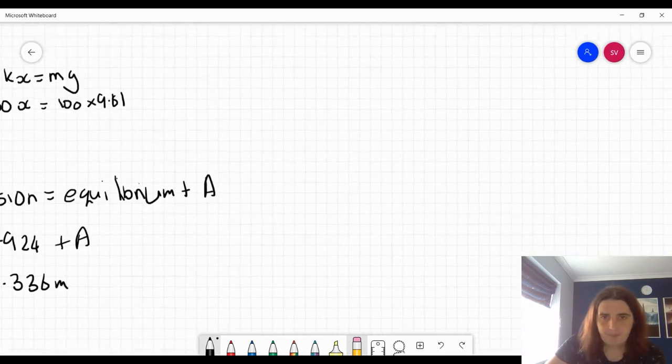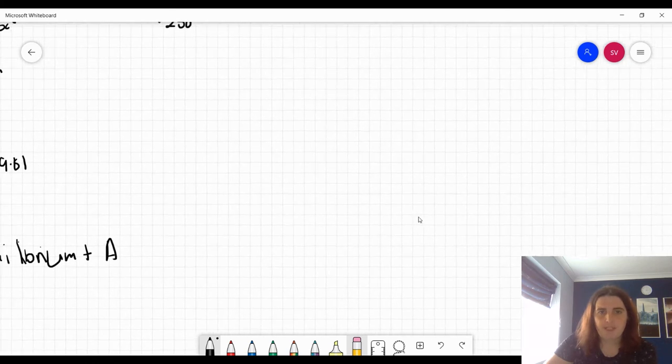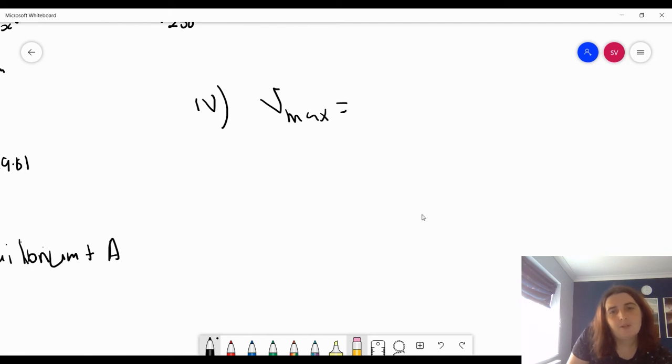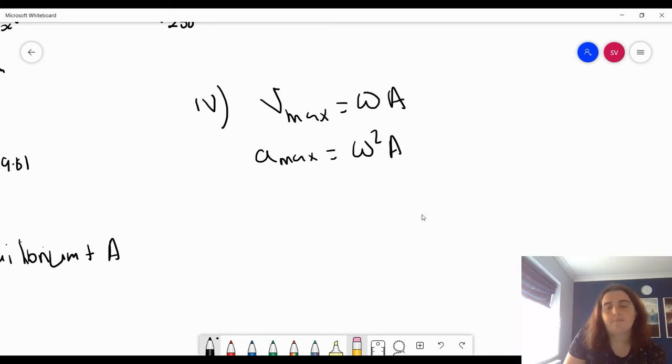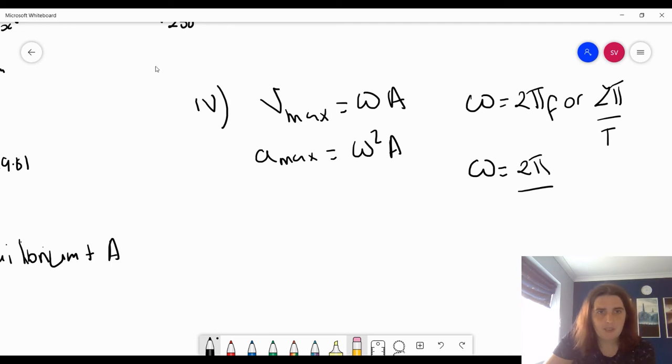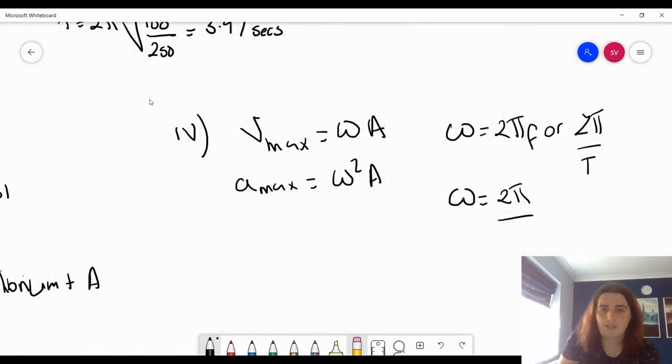Let's go into question 4, which was finding the maximum velocity. Here, V max equals omega A, and A max equals omega squared A. Omega is going to be 2 pi f, or 2 pi over T. So omega equals 2 pi over my time period, which was up here, of 3.97.